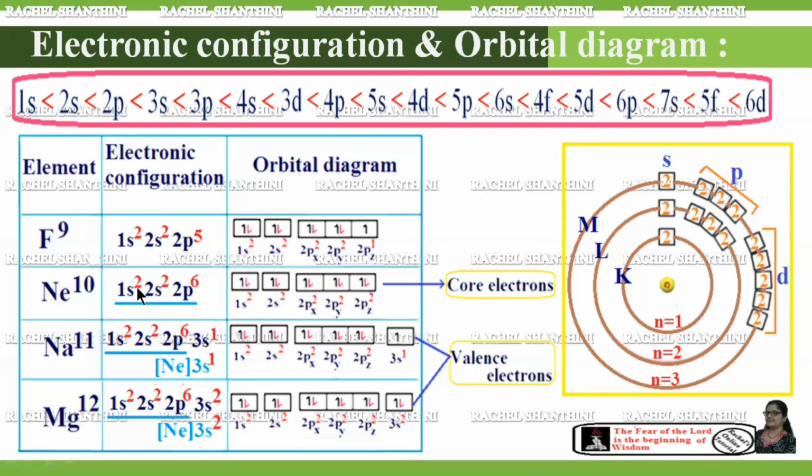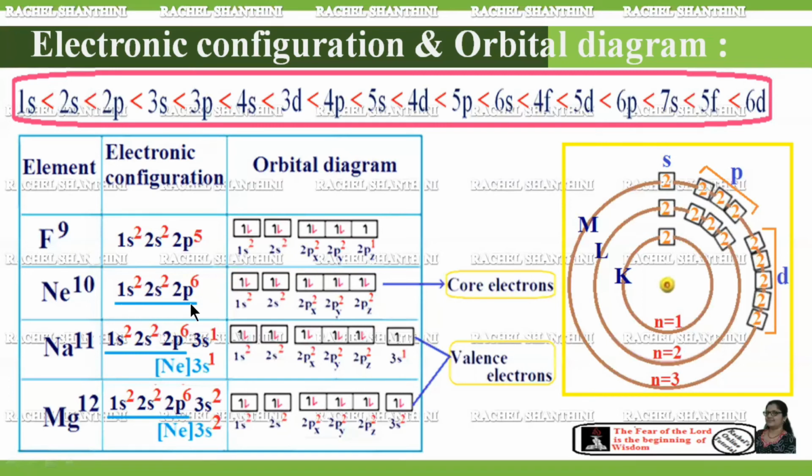Coming to the 2p orbital, according to Hund's rule of maximum multiplicity, the first three electrons will occupy 2px, 2py, and 2pz respectively. Then only the fourth electron will pair up with the electron in 2px, the fifth electron will pair up with the electron in 2py, and the sixth electron will pair up with the electron in 2pz.